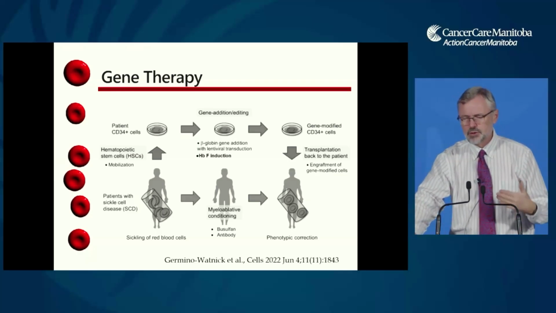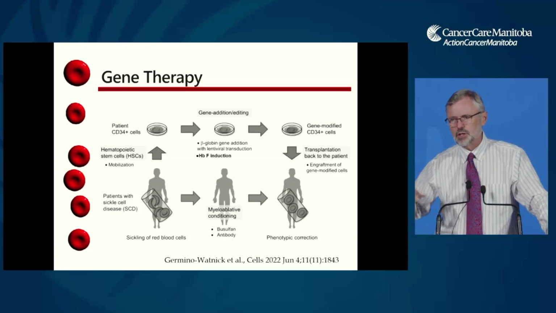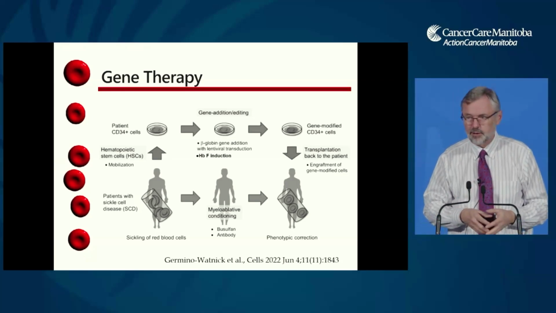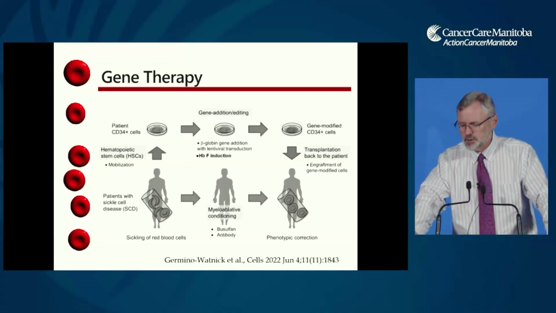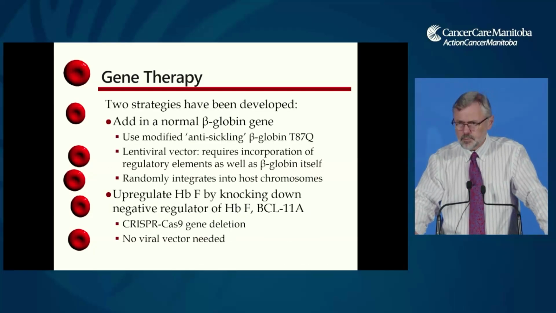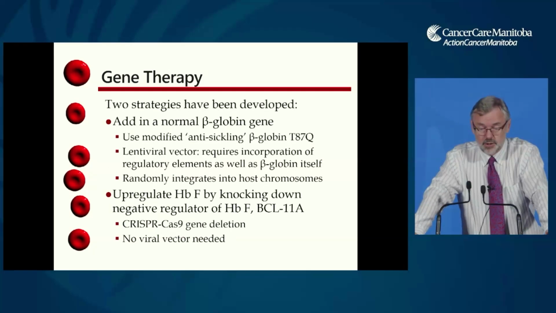And then we infuse the modified cells. And just as in the bone marrow transplant situation, we have to wait and support the patient because we've just planted the garden with seeds and we've got to wait for the garden to grow. And that takes weeks. So again, there's that risk of infection and bleeding during that period until the marrow can grow.